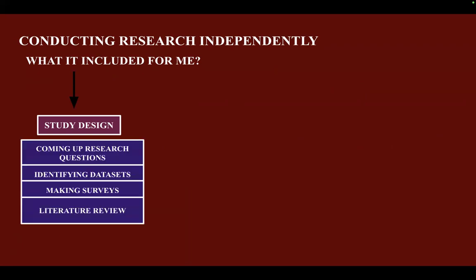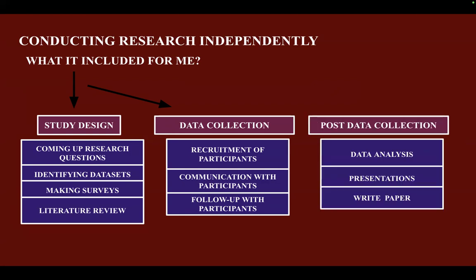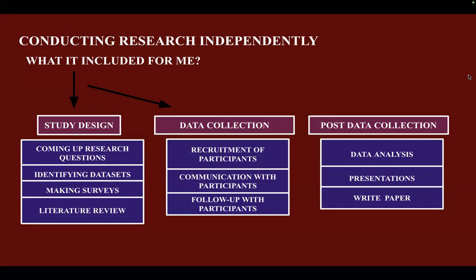It included the study design: coming up with the research questions, identifying data sets, making surveys, and doing the literature review. Then it included data collection: recruiting participants, constantly following up with them, and communicating about their progress and how the payment process and everything is going to work. That is very time consuming. Post data collection, I also had to analyze the data, because research without analyzing the data is meaningless. Then also communicating the research, and eventually writing the paper.